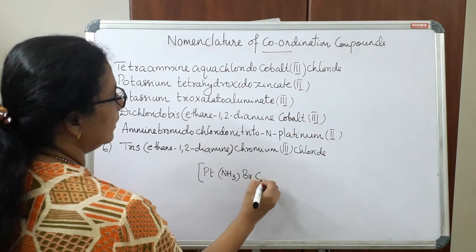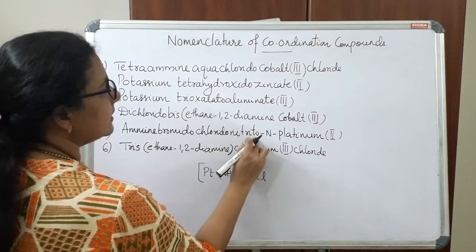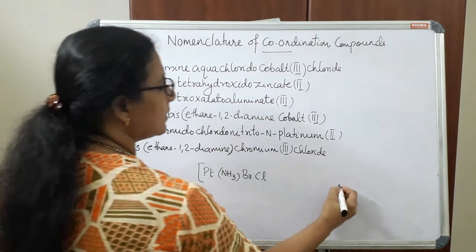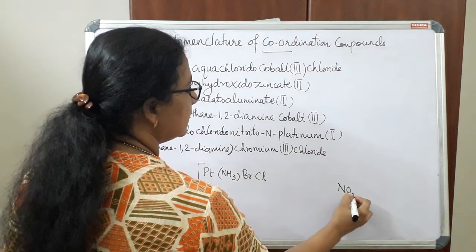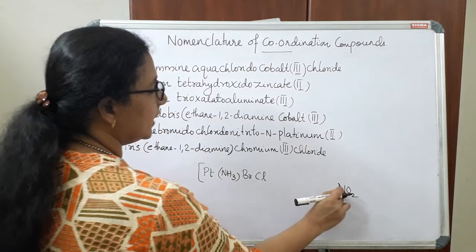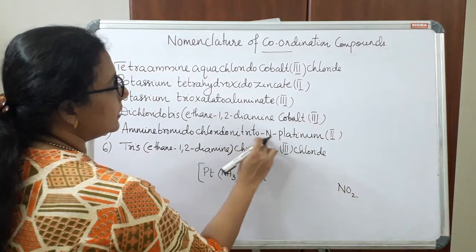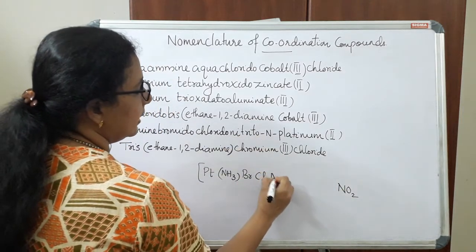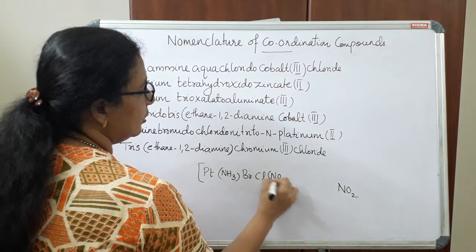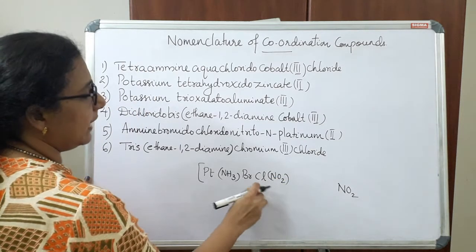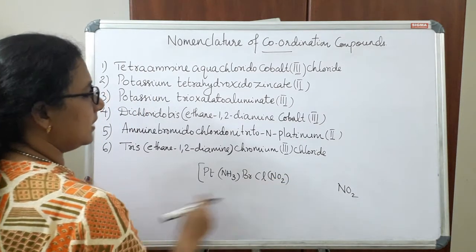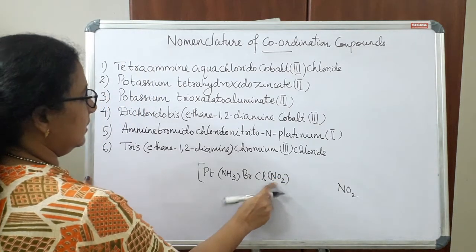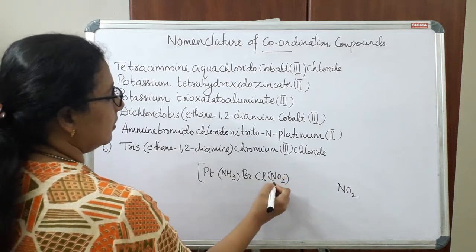Then chlorido, it is Cl. Then nitrito N. So nitrito, it is NO2, that is an ambidentate ligand. If it is nitrito N, we can write NO2 itself. So NO2 should be in bracket since it is polyatomic. So this is the formula.